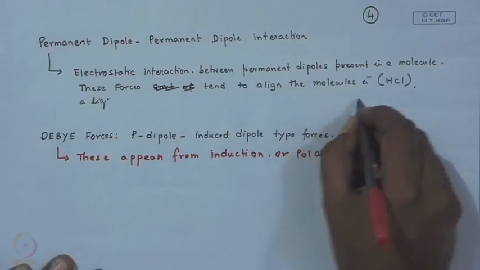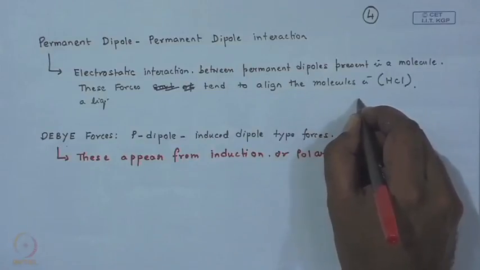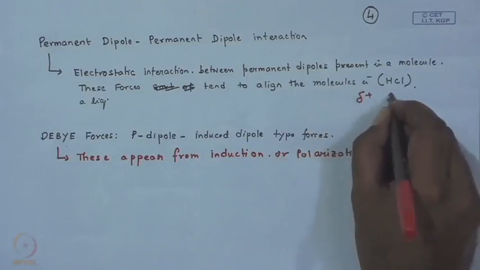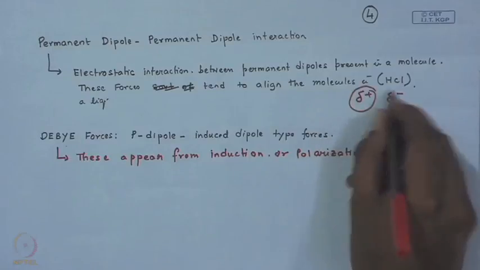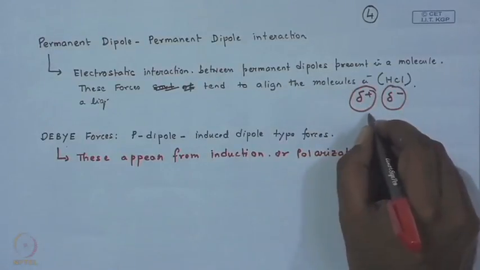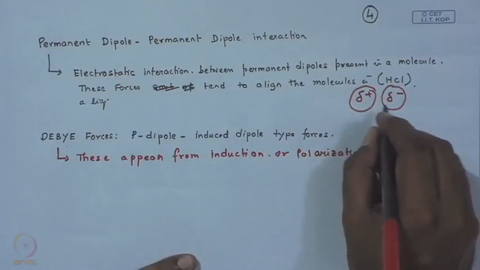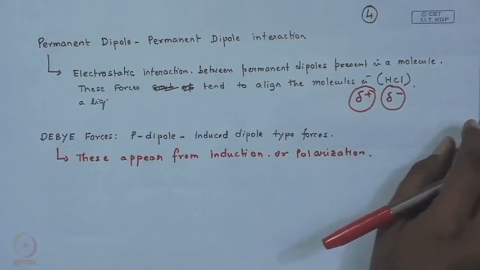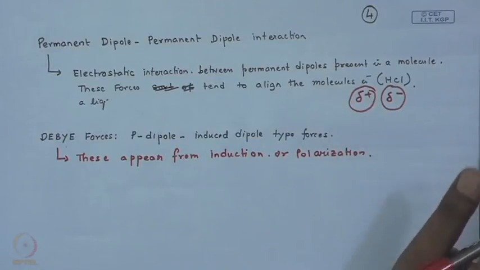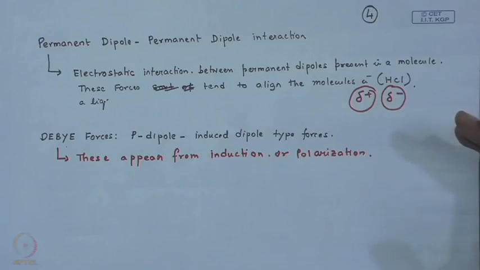So, here you have already a permanent positive dipole and a negative dipole present in a molecule. Its existence is due to the unequal charge sharing. One part of the molecule is electron rich, which has a negative charge localization.